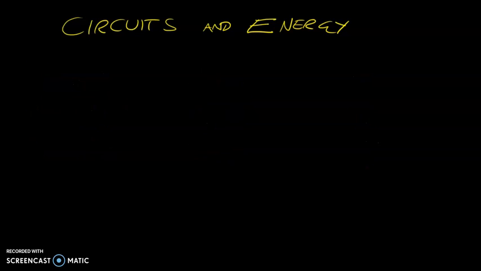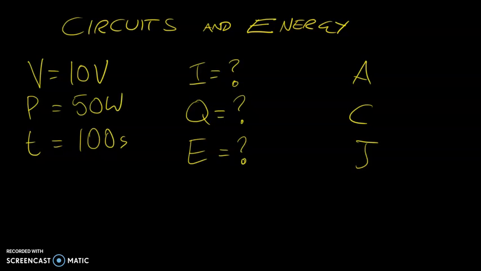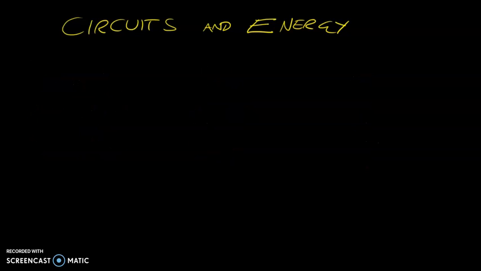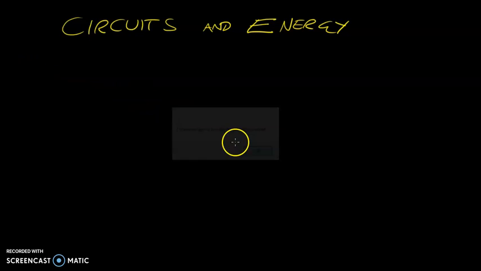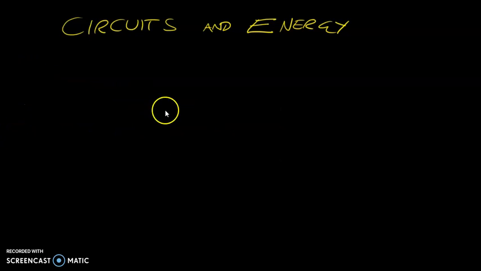Okay, so let's first of all have a look at the current in the circuit. Now, an important thing to remember is we're going to need to do some transposition of formulas. So we know that power is equal to current times voltage. We need to get the current on its own.